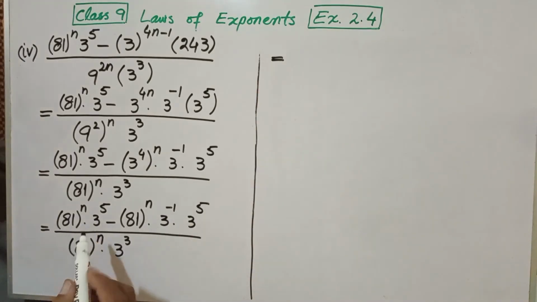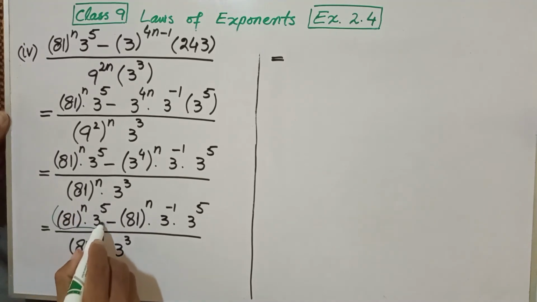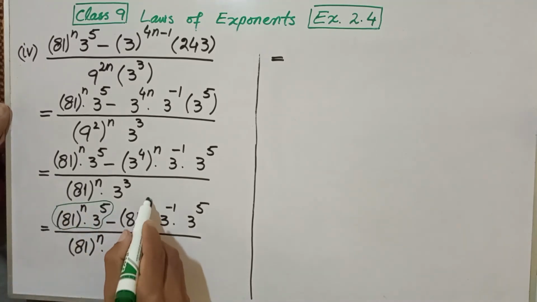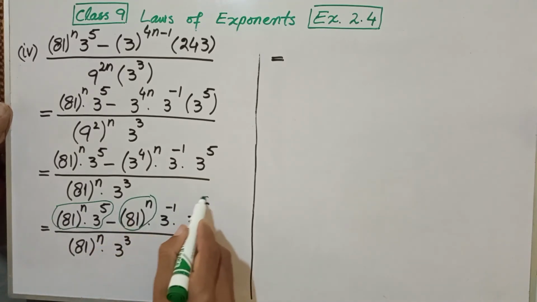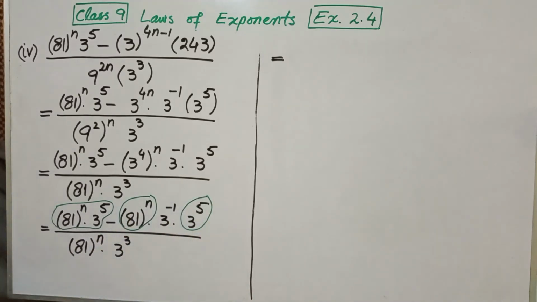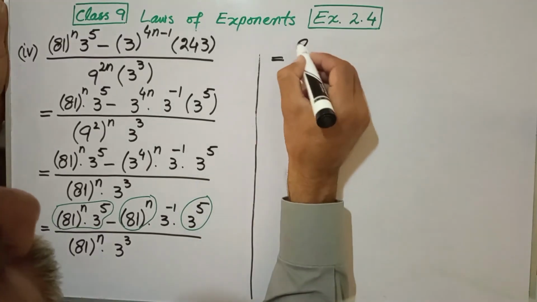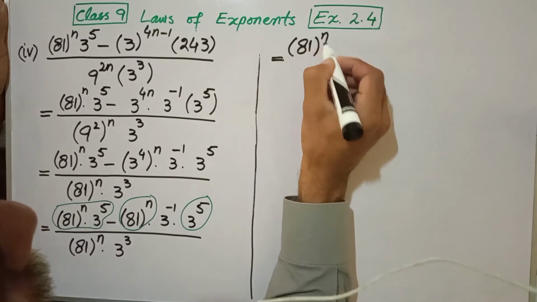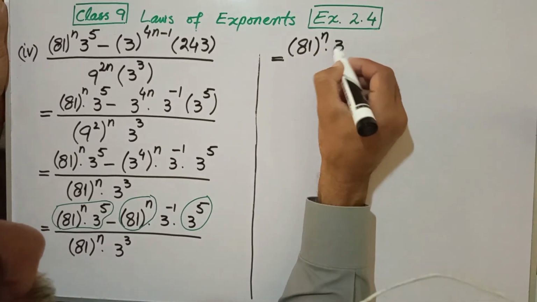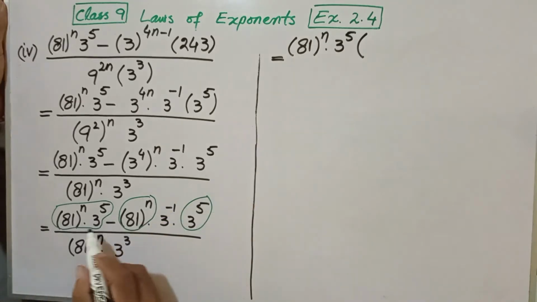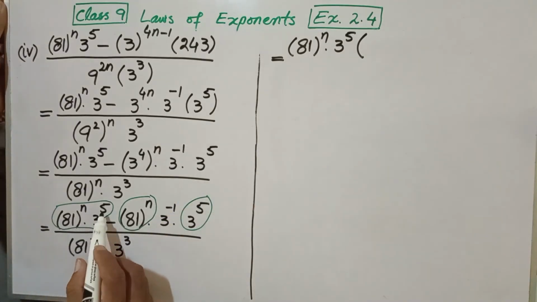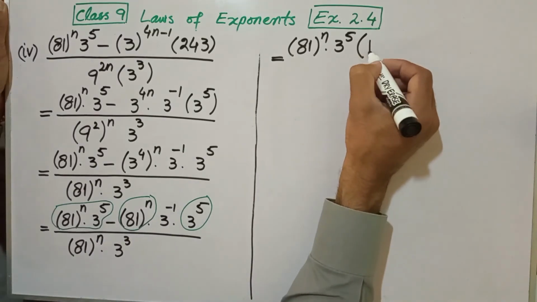Now we can see that we can take the term 81 power n and 3 power 5 common from the numerator. We can have 81 power n into 3 power 5. From here 81 power n into 3 power 5 will be cancelled with each other, and we have 1.